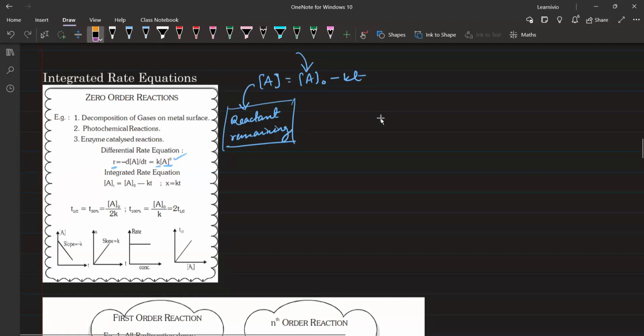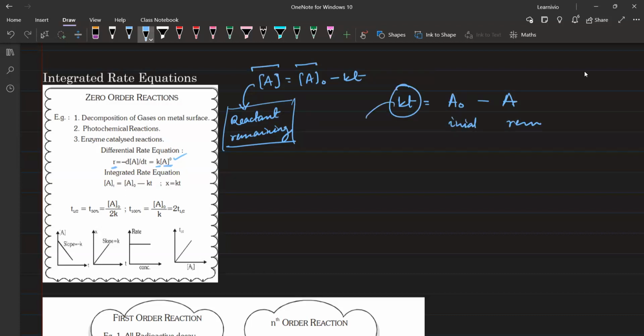If you see here, for the zero order reaction, this equation is very interesting. A naught is the initial amount of the reactant and A is the reactant that is remaining. So if I just put KT on one side, KT will be equal to A naught minus A, initial minus remaining. So obviously KT gives us the amount that is reacted.